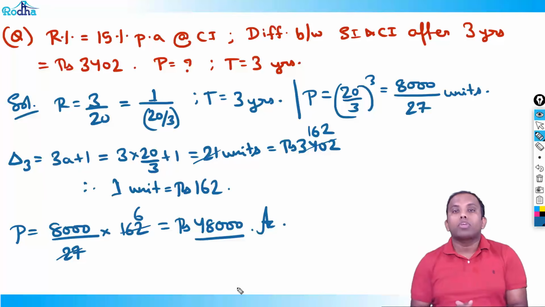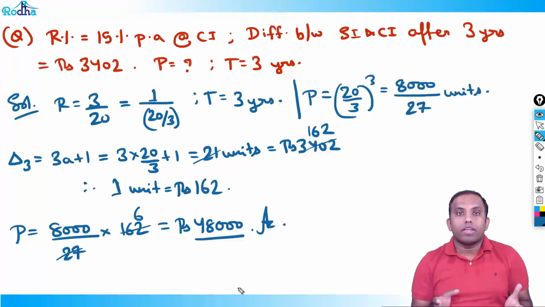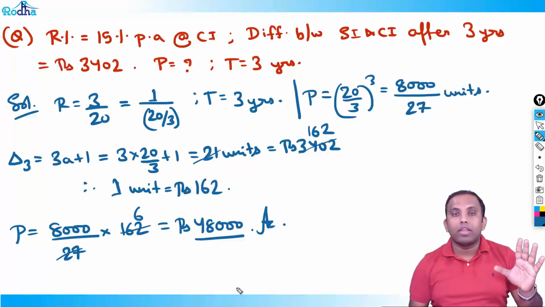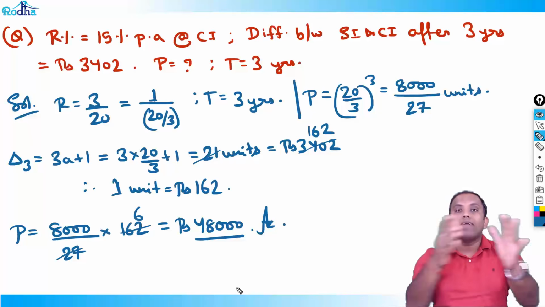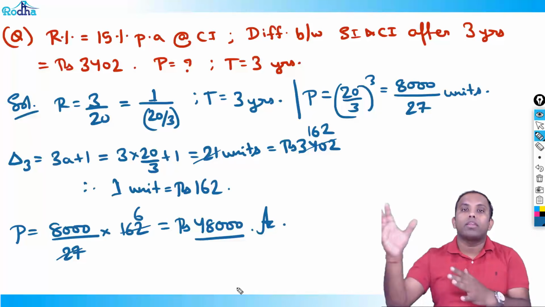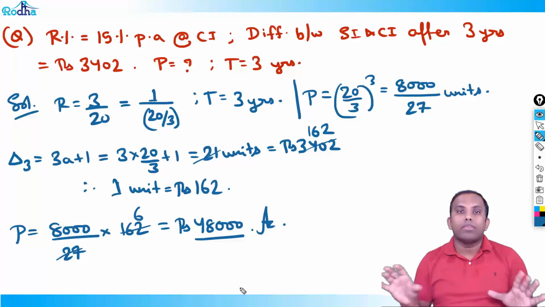If the question is the difference between SI and CI for the third year, or the difference between CI for the third year and CI for the second year, I can't apply the formula. I don't have any shortcut for each question. But yes, I have all those units concepts. If the rate is in 1 by this form and the principal is this a raised to n, then we can quickly write those data and get the difference, whatever is required.